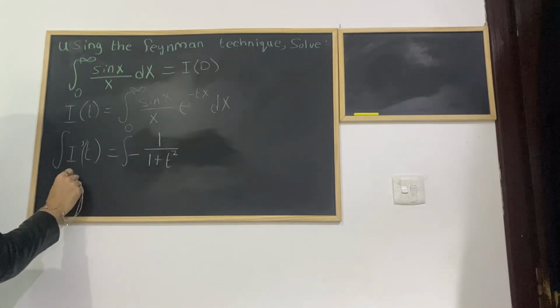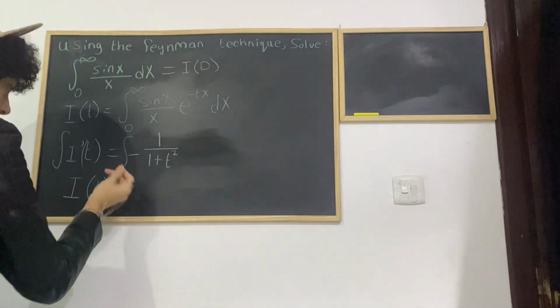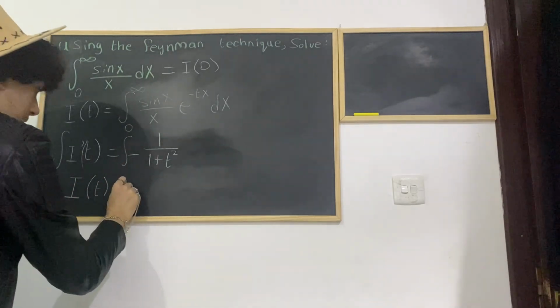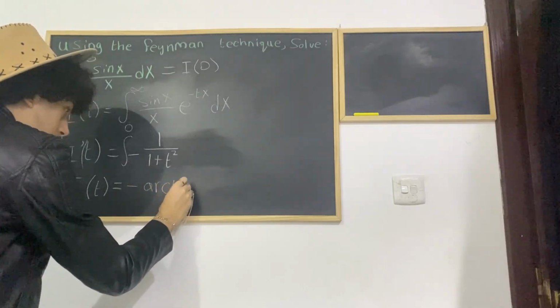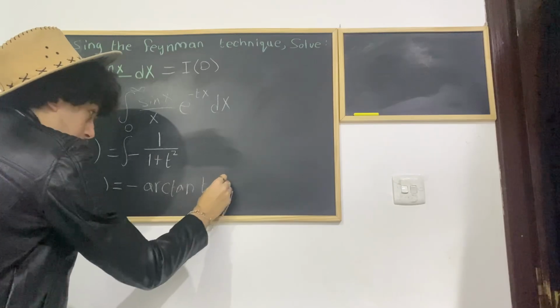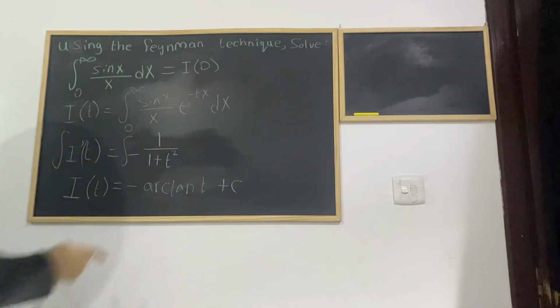Now this is going to give us that I of t is equal to negative arctan of t plus c. Now we have to find out what c is. And remember, I of t is also equal to this integral.